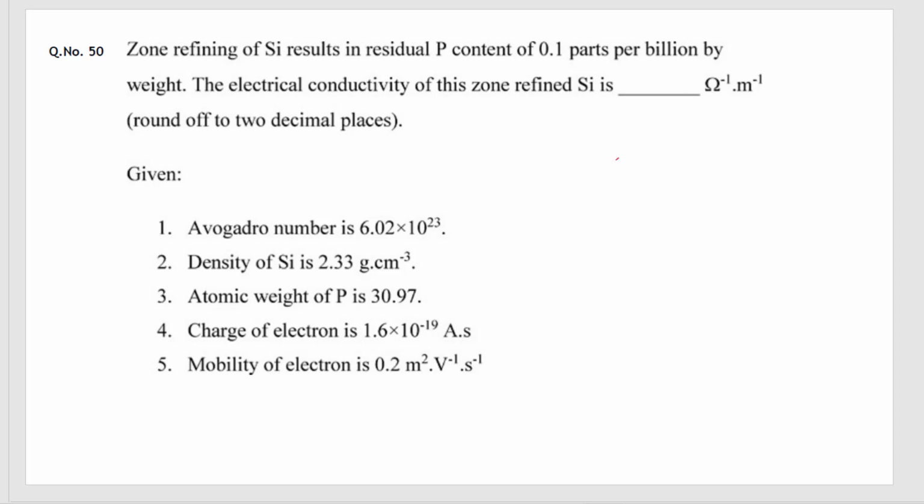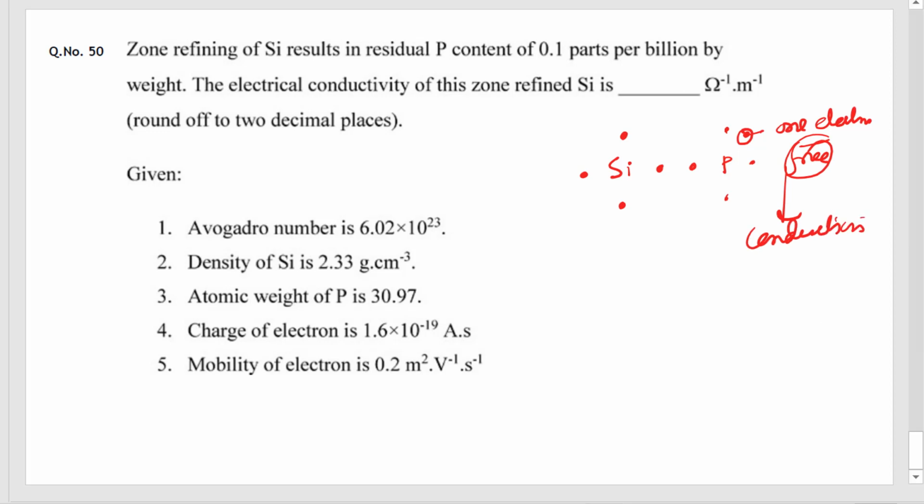We know that silicon has 4 valence electrons. So if we add phosphorus over here, since phosphorus has 5 electrons, 1 electron will be free, and this helps in conduction.